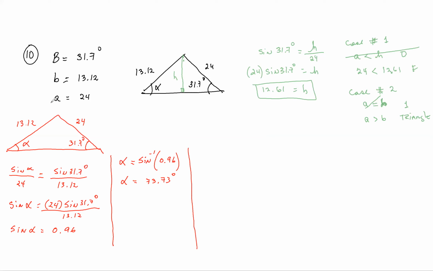Now, how do you find this angle? Maybe we can say this one is C. We know already that all the triangle is 180 degrees, minus 31.7, minus 73.73.